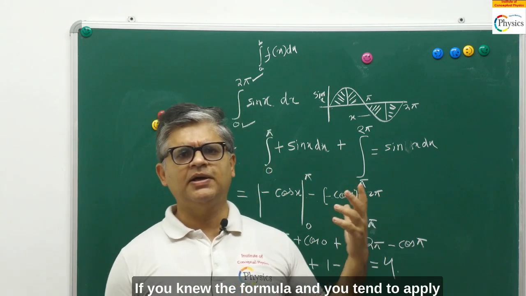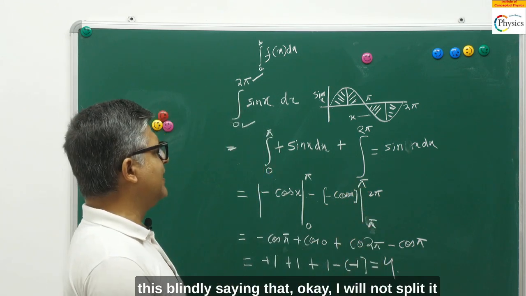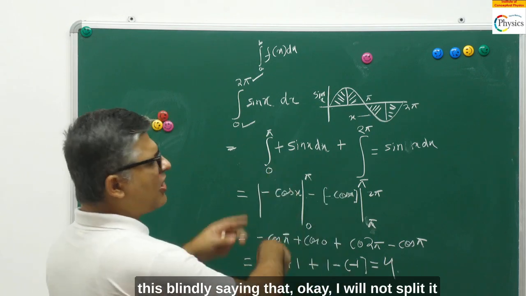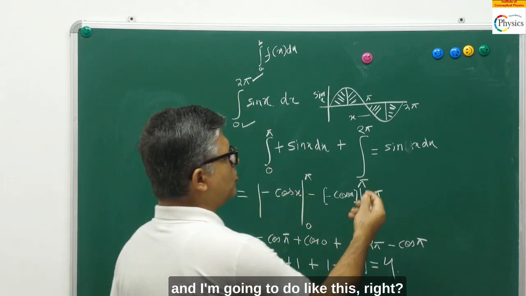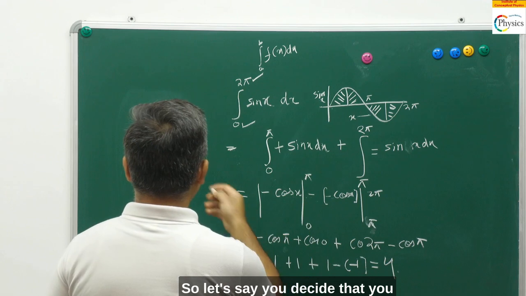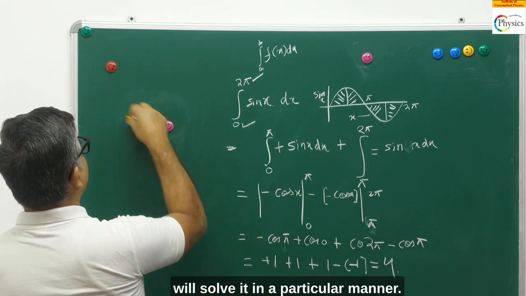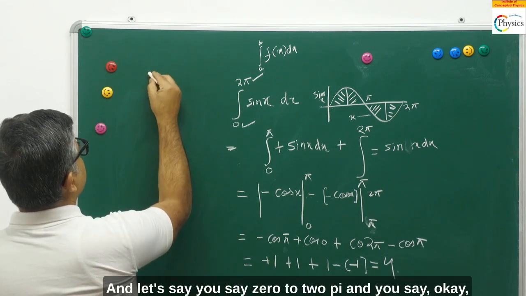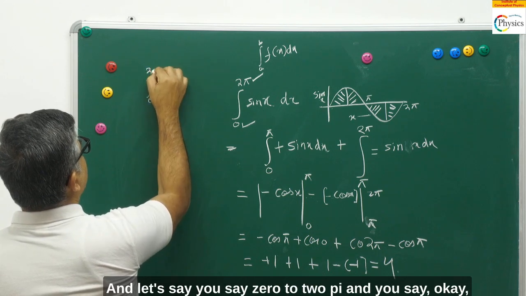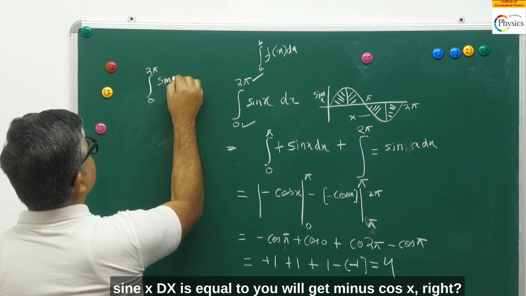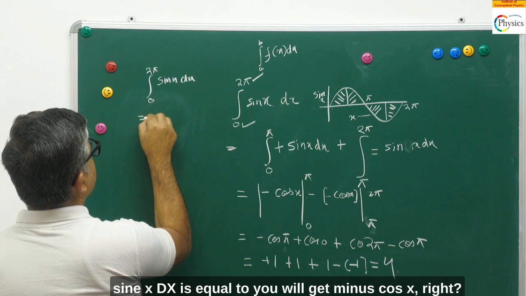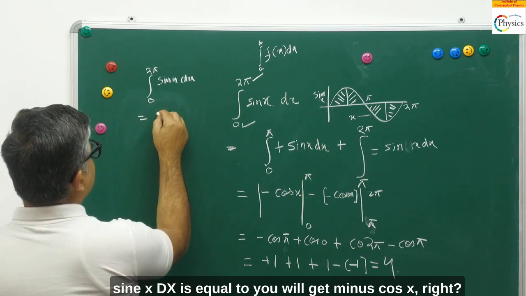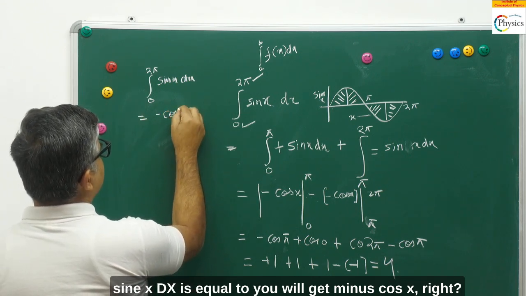If you knew the formula, you tend to apply it blindly, saying, okay, I will not split it, and I'm going to do it like this, right? So let's say you decide that you will solve it in a particular manner, from 0 to 2 pi, and you say sine x dx is equal to minus cos x, right?